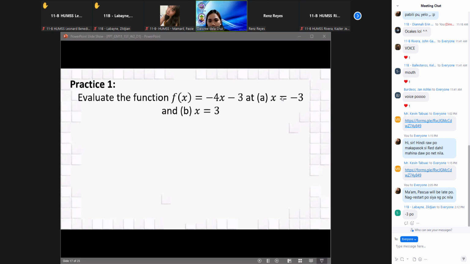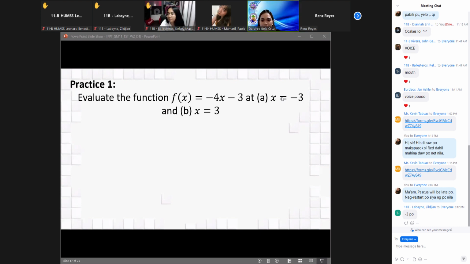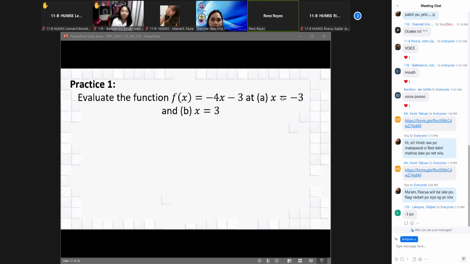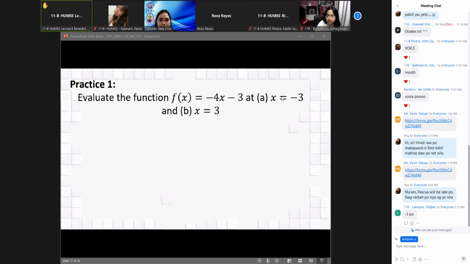Okay, so Benedict, what is your answer for letter A? Letter A po, positive 9. Sa letter B po, positive 9 din po. Kelsey?